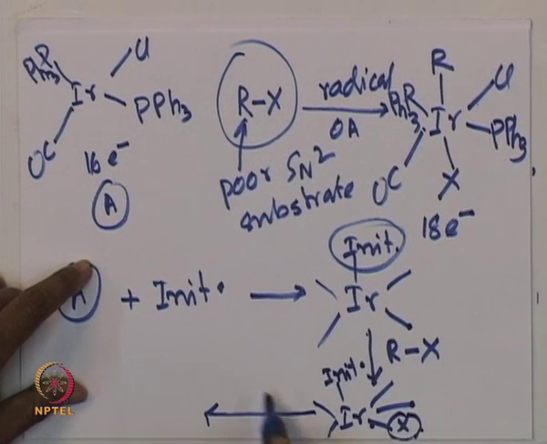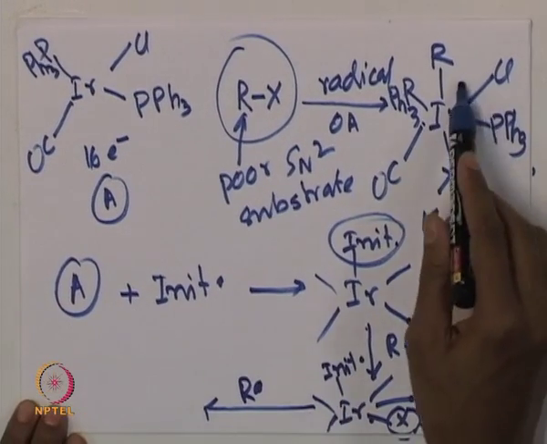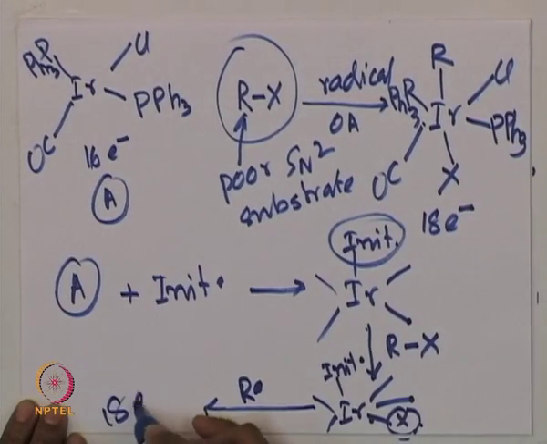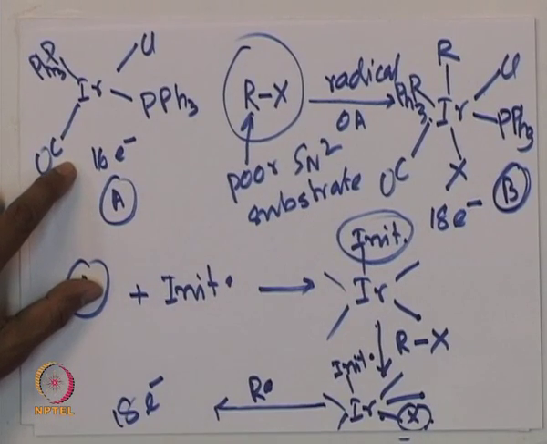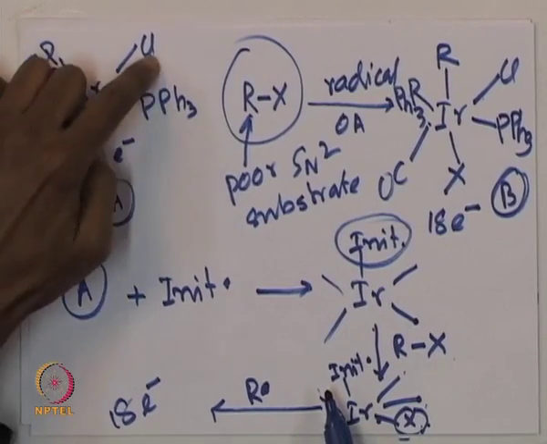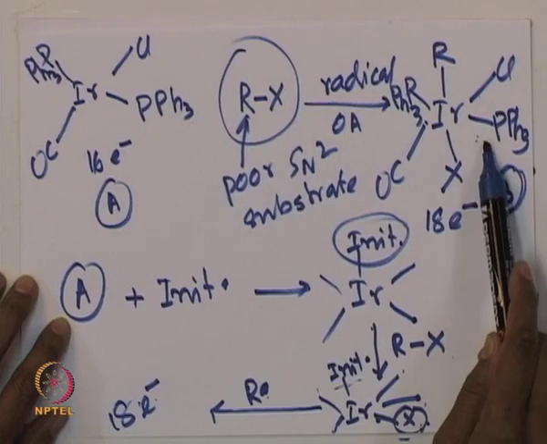So, the X is here, the R dot is there, and the R dot will replace the initiator to give you the final 18 electron complex, let us say this complex B. So, what we have seen, A is binding with the initiator to give you the iridium initiator complex, from where RX will combine with this to give you the first initiator X complex, the other four coordination remains exactly the same, and then the R dot will replace the initiator to give you the 18 electron final species.